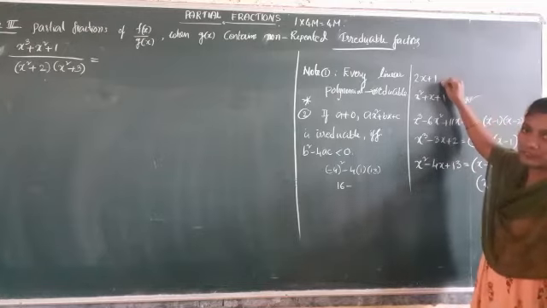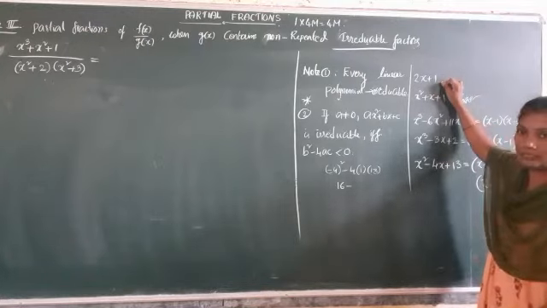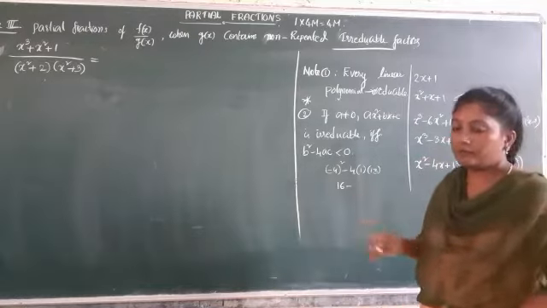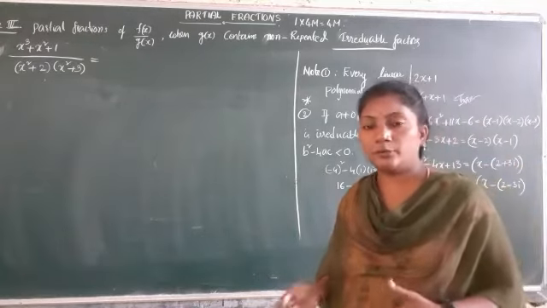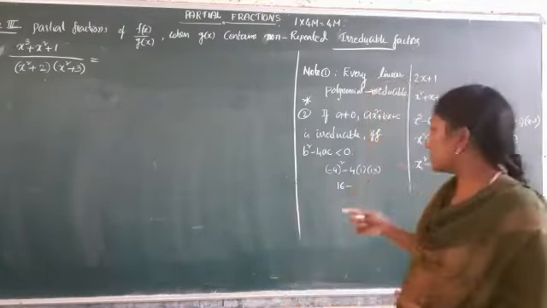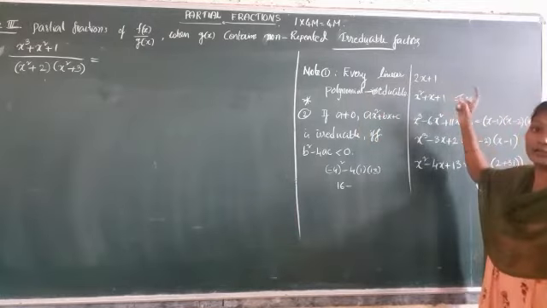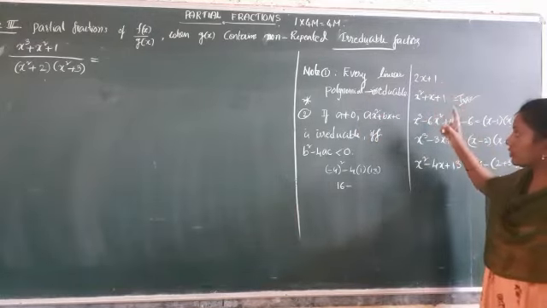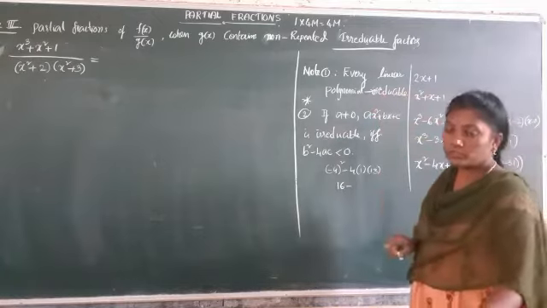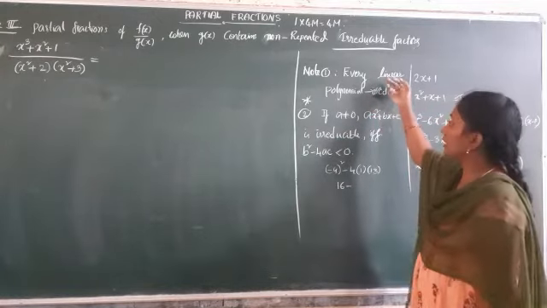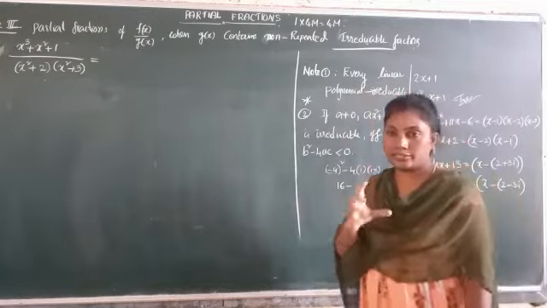What about this 2x plus 1? This is itself a first degree linear polynomial. We cannot split it again into linear polynomials, so this is also an irreducible function, right? Two important notes we have here. Every linear polynomial is irreducible.